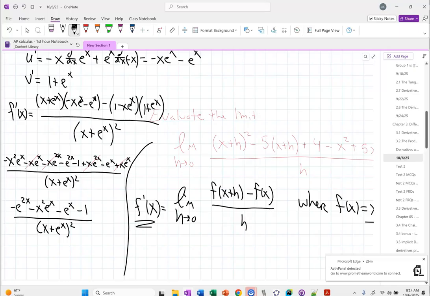What is the relationship? You can be continuous but not differentiable, but you have to be continuous to be differentiable. Differentiability implies continuity, but the reverse is not true. Continuity does not imply differentiability.